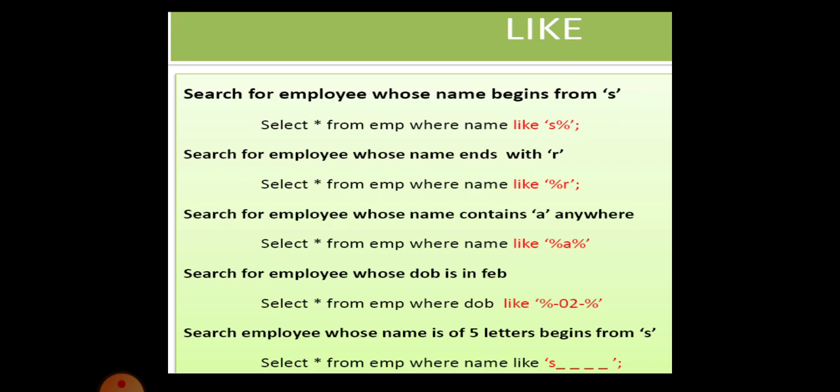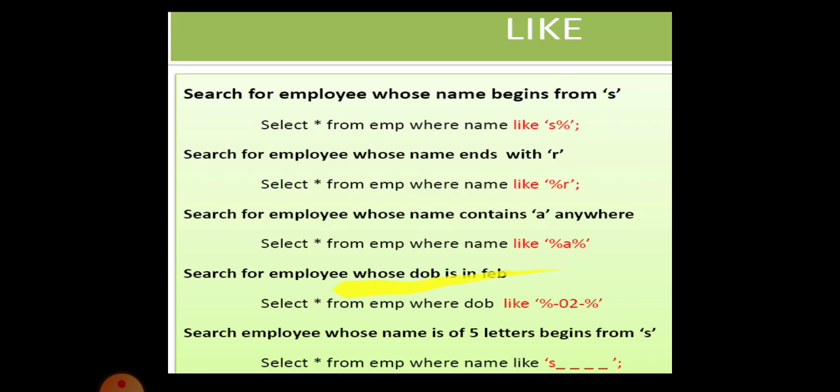Then if you want to search for an employee whose date of birth is in February, we will use the date of birth. In the middle we will give only 02, right? So select star from employee where date of birth like percentage underscore 02 underscore. Underscore 02 underscore is the month. So before 02 any year may come, and after 02 any date may come.